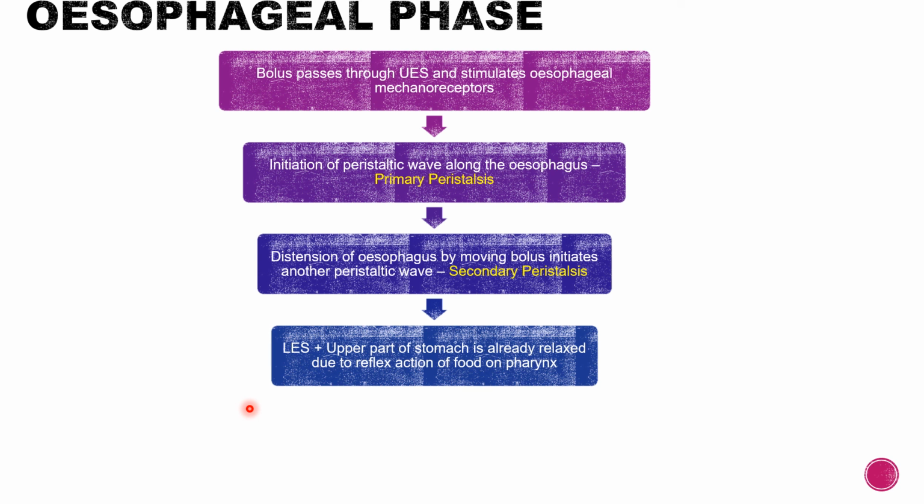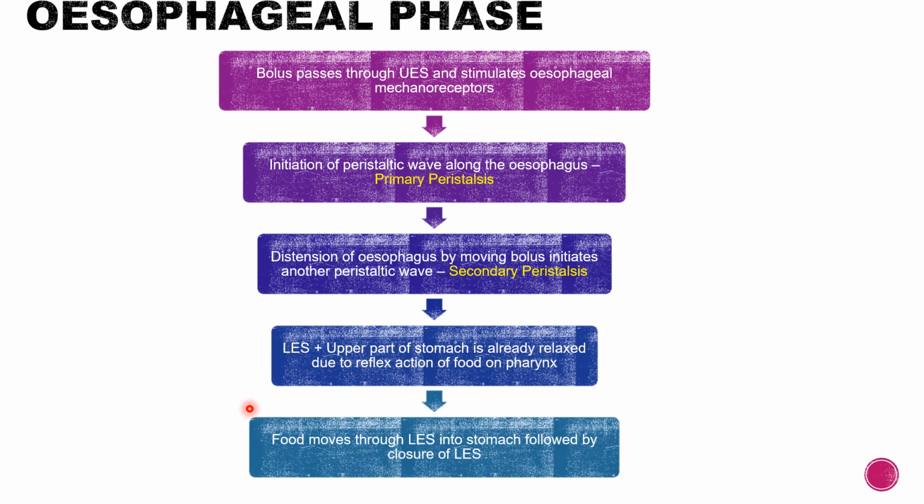So there is closure of the upper esophageal sphincter, movement of the food from the upper part of the esophagus to the lower part by the primary peristalsis, then the secondary peristalsis, and then finally the food bolus passes from the esophagus to the stomach through the open lower esophageal sphincter. Okay, so this is the esophageal phase. After food moves through the lower esophageal sphincter into the stomach, it is followed by closure of the lower esophageal sphincter.